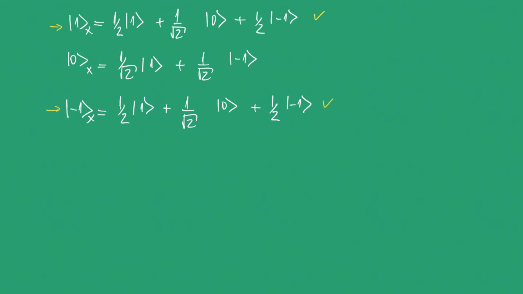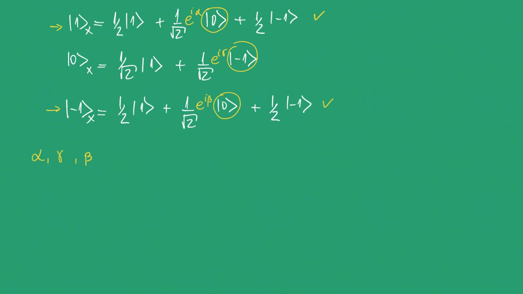Following the convention, I'll insert the relative phase on the ket 0, ket minus 1, and ket 0 right here. It will be something like exponential i alpha, exponential i gamma, exponential i beta. We need to determine alpha, gamma, and beta now.